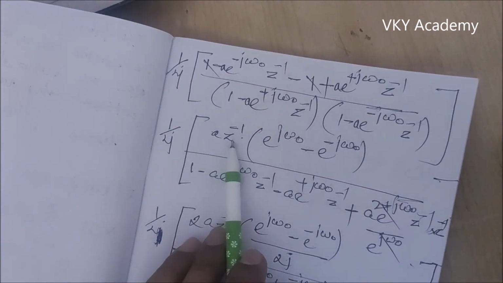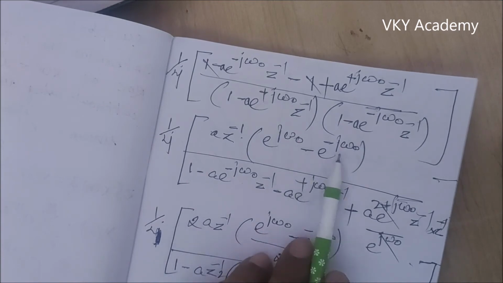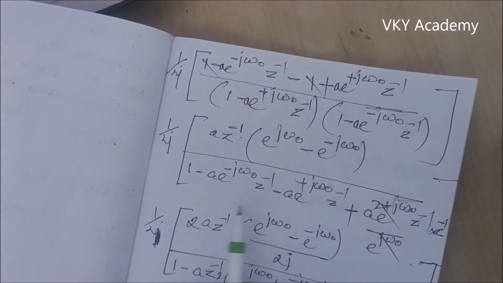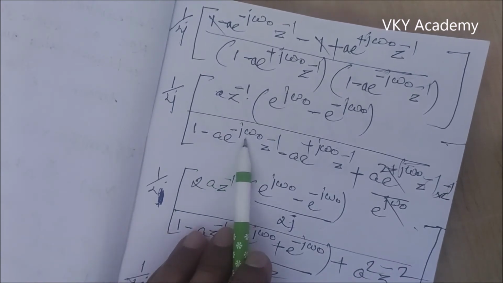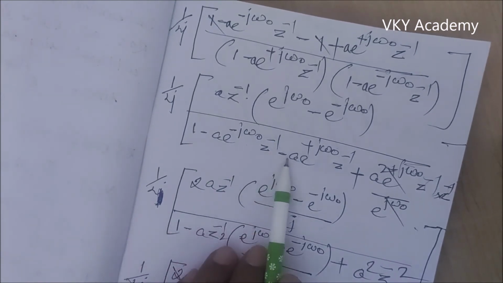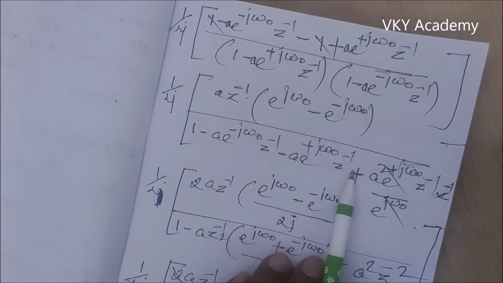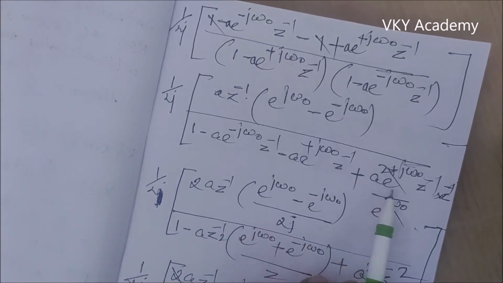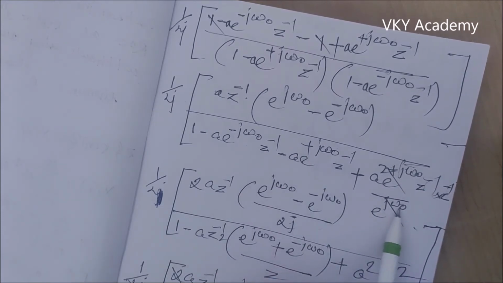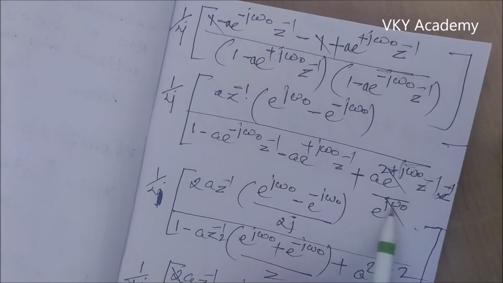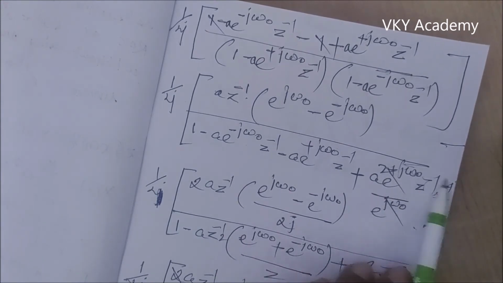Now by taking a z inverse common, we have e to the power j omega naught minus e to the power minus j omega naught, and by solving the denominator we have 1 minus a e to the power j omega naught z inverse minus a e to the power minus j omega naught z inverse plus a square e to the power j omega naught into e to the power minus j omega naught, and z inverse for this one and z inverse for this one. So we have z to the power minus 2 here.